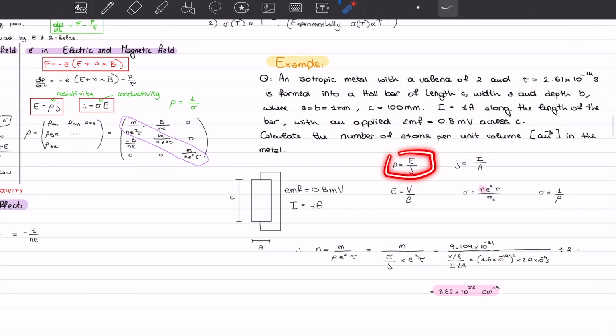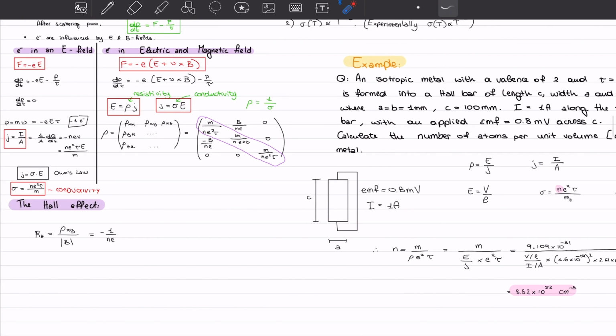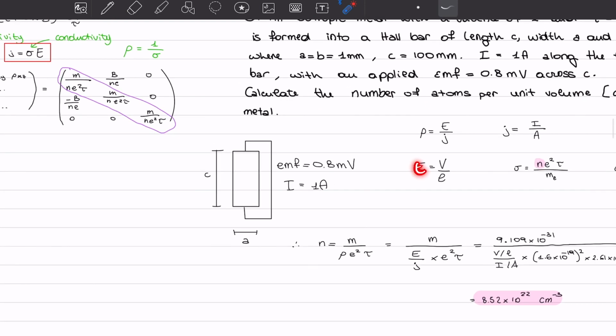So we write it down, and then we also know that the current density is equal to the current over the cross-sectional area, which we also got here in the beginning. And we also know that the electric field is equal to the EMF over the length of the bar, which in our case is C.